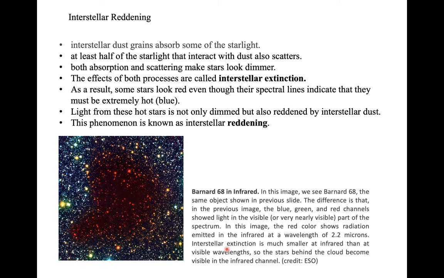The effect of both processes is called interstellar extinction. This is something I expect you should remember if I ask what interstellar extinction means. The star seems dimmer because of the absorption and scattering process due to dust particles, right?